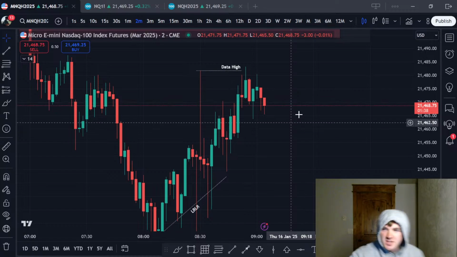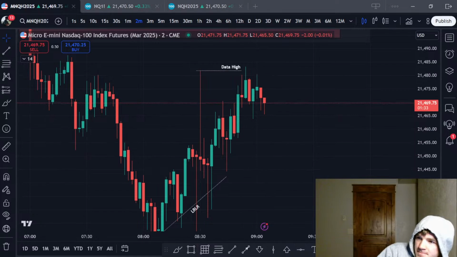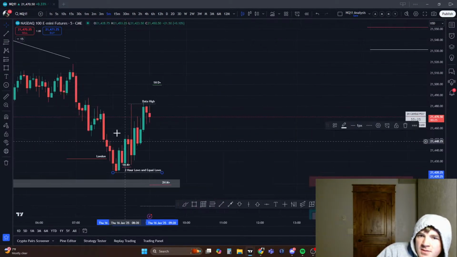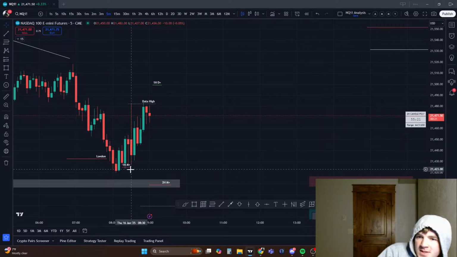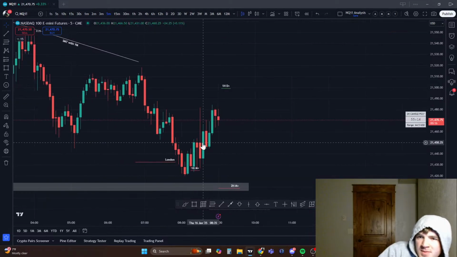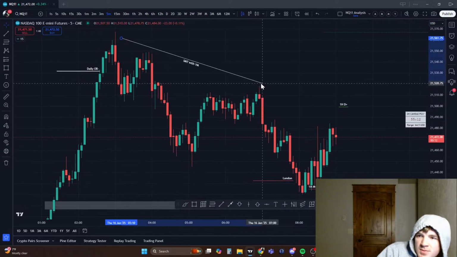Yeah, this is just chop central right now. Let's look at the other screen for a little bit, just for fun while we're waiting, because nothing's really going on. We still have 25 minutes until market open. We did sweep that data high, but it's not exactly super clear.